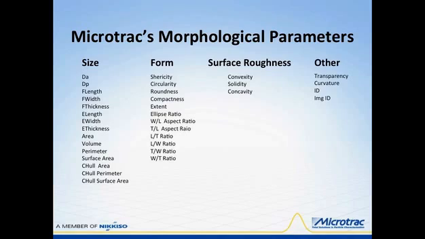The last three columns are shapes of different natures and are generally expressed as ratios of size parameters. The form factors include a number of different parameters that indicate how closely the particle is to being a perfect sphere, or various aspect ratios or elongations of the particle.